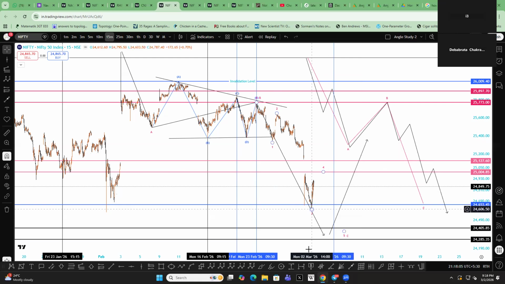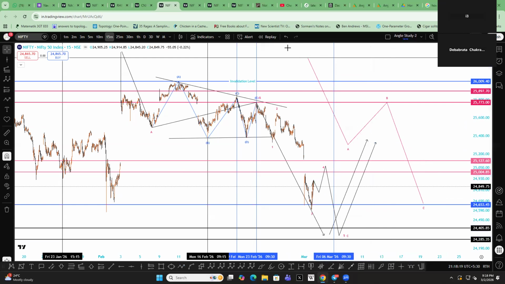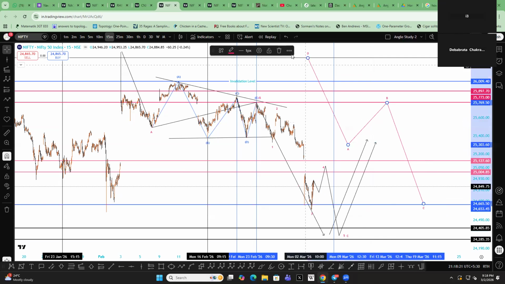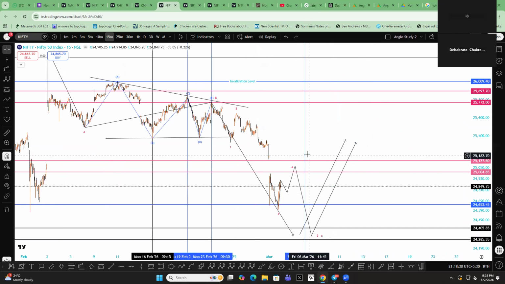First, there should be an up move here, and then another downside, and then we can bounce. So this is the probability, and for that case, I have mentioned the immediate support and resistance, and also the important time cycle date.